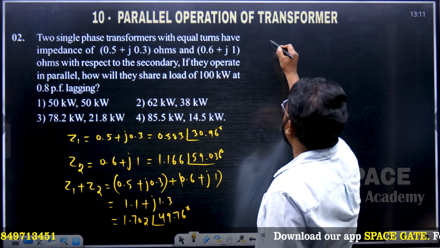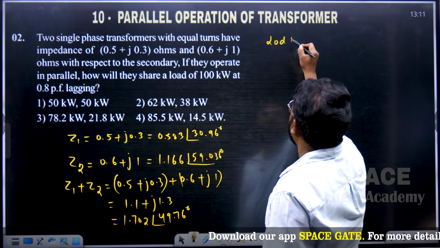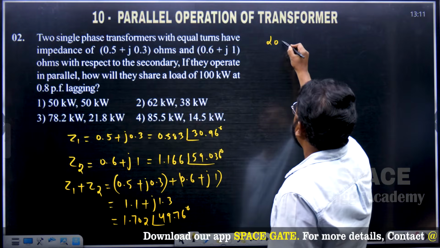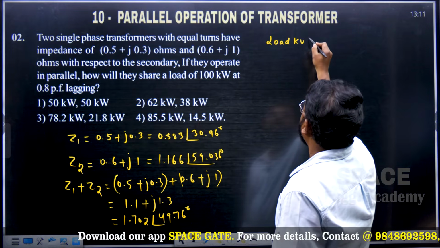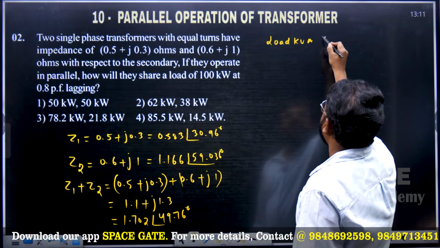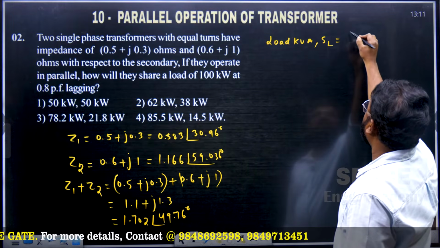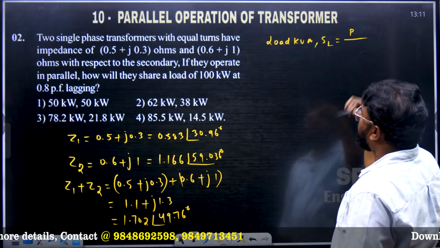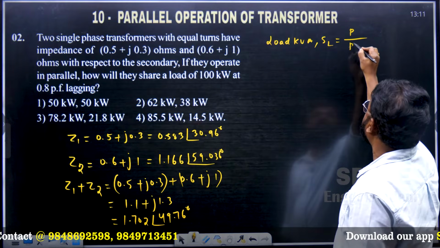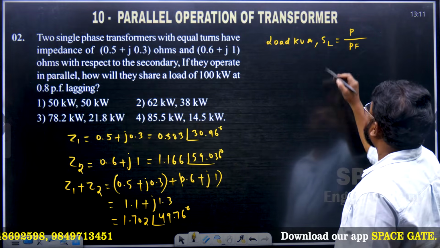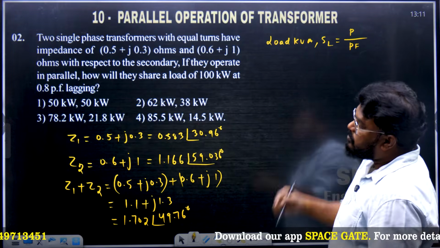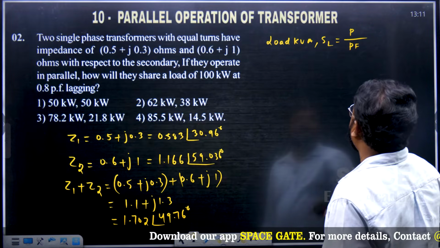Next, the load kVA, SL. This is equal to the active power divided by the power factor. The power factor is 0.8 lagging.